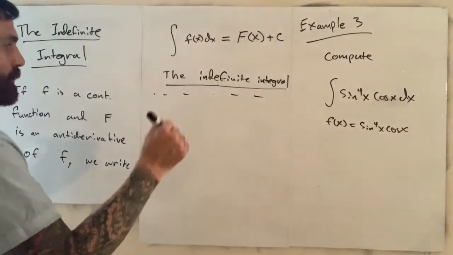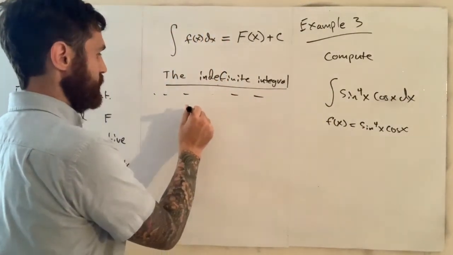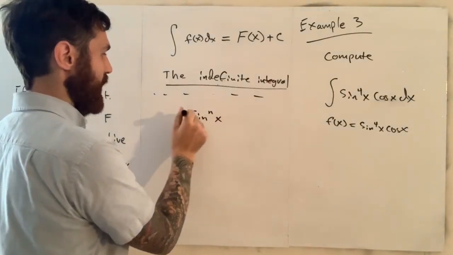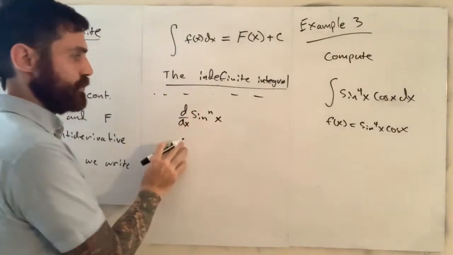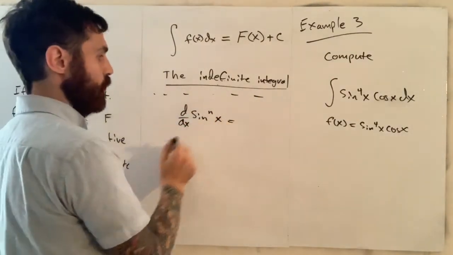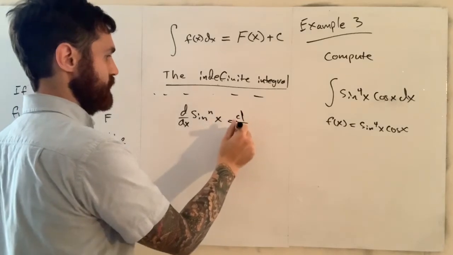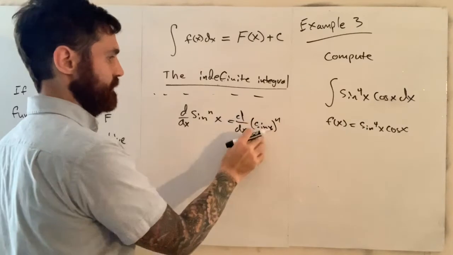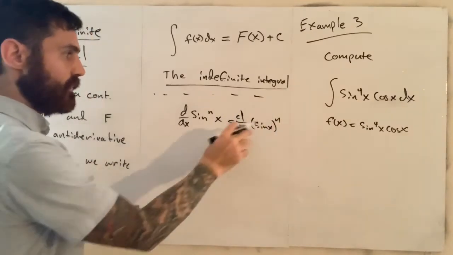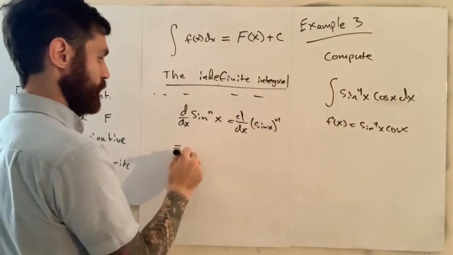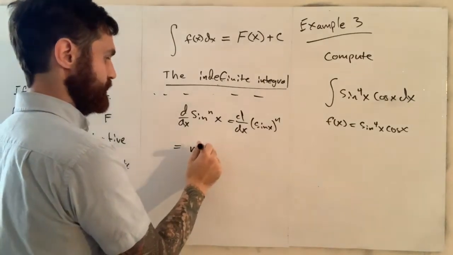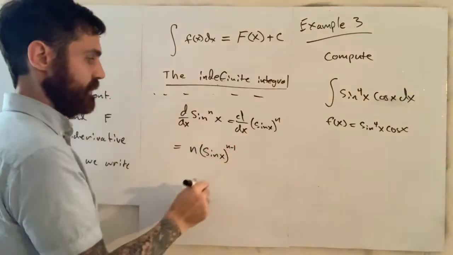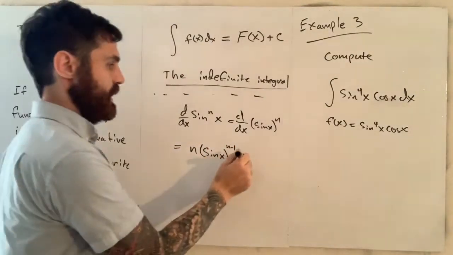So you might play around with this a little bit, and you might remember that if I have sine raised to the n of x, and I take the derivative of that with respect to x, well, remember this is just the derivative of sine x raised to the n. So I can use the power rule and get n times sine of x raised to the n minus 1, but I also have to use the chain rule.